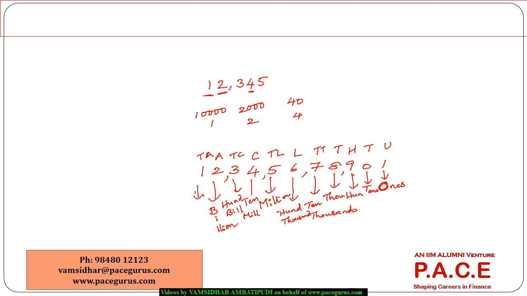This is the 10 billions place. And if at all there is something, let's say I put a 5 here, this will become 100 billions place. So this is the international system.